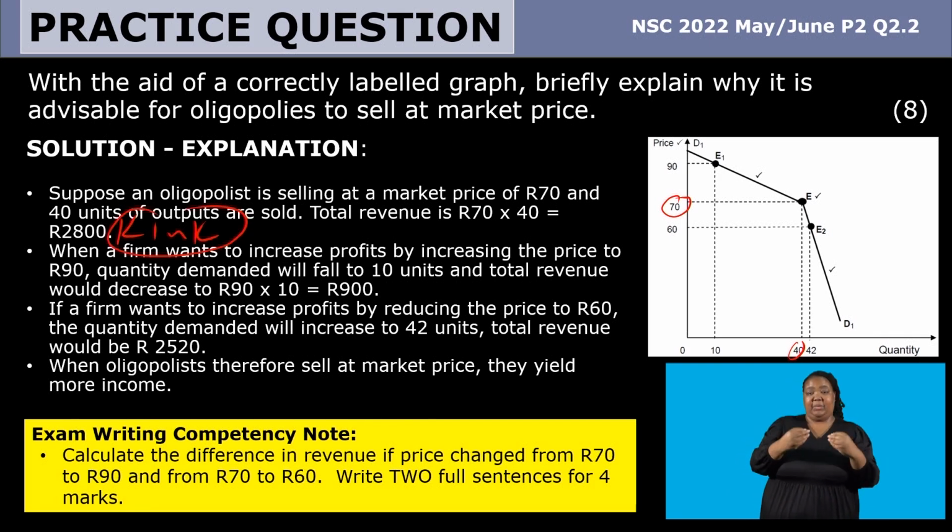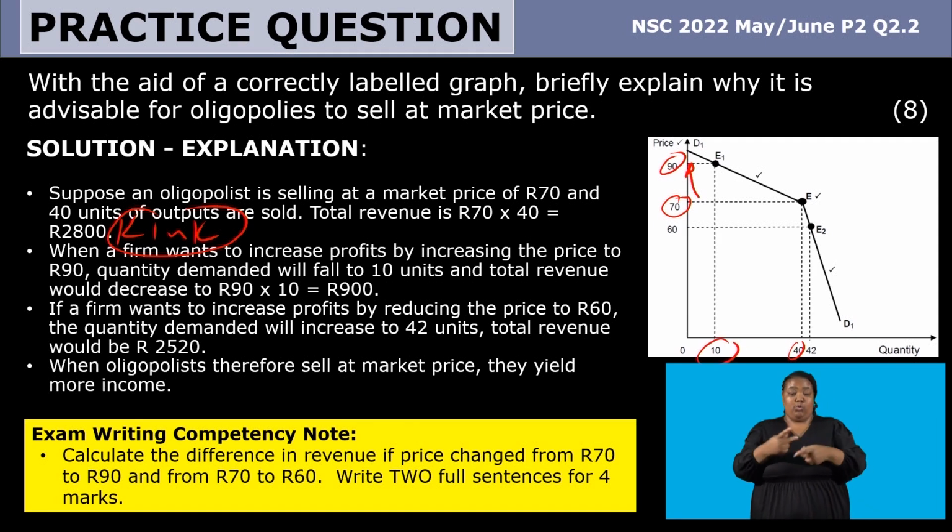Now, when a firm wants to increase profits by increasing the price to 90, quantity demanded will fall to 10. So if the firm decides to increase the price to 90 here, the quantity will decrease to 10. And what will be the total revenue? The total revenue will decrease to 90 times 10 because it will be the price times the new quantity. So by increasing the price, the firm's revenue will only decrease to 900 from 2,800.